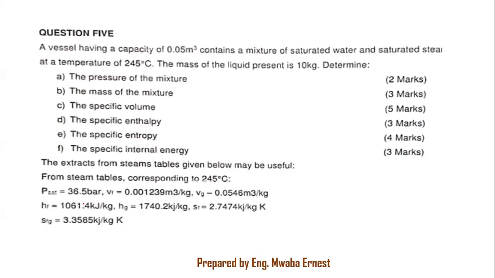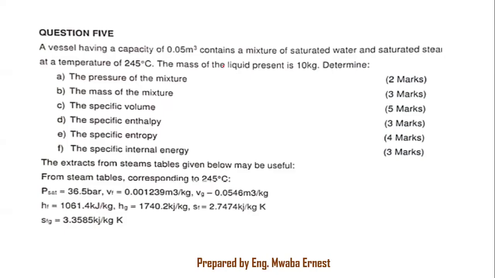Question number 5. This question, we've been given the volume, the capacity. A vessel having a capacity of 0.05 cubic meters contains saturated water and saturated steam.